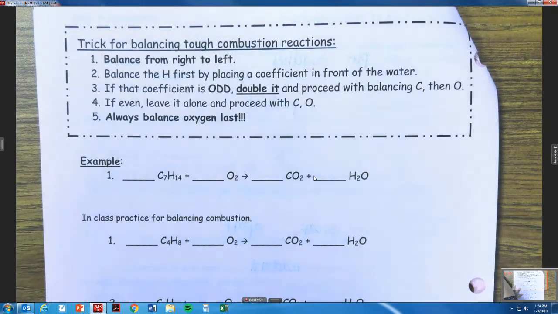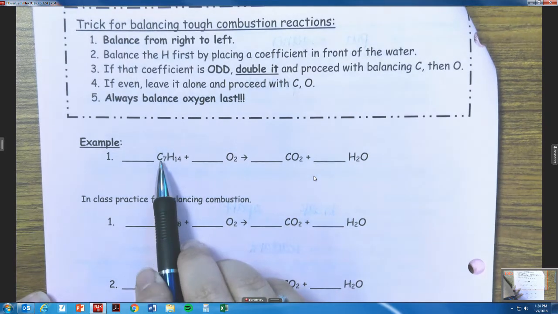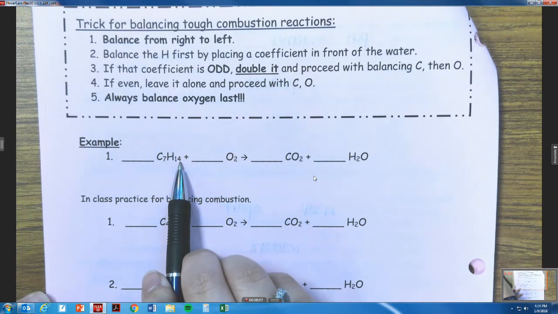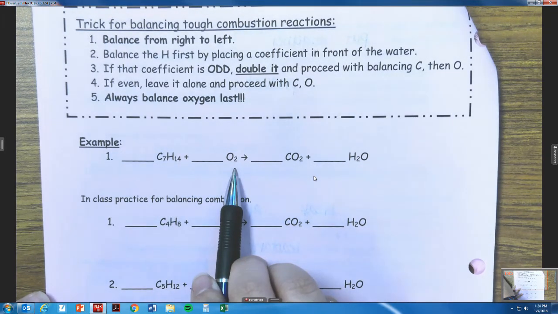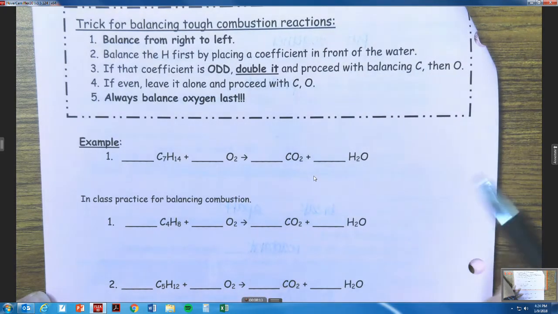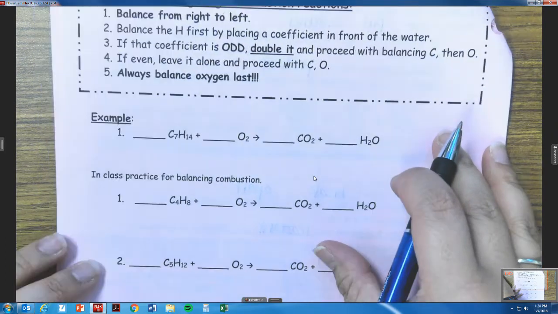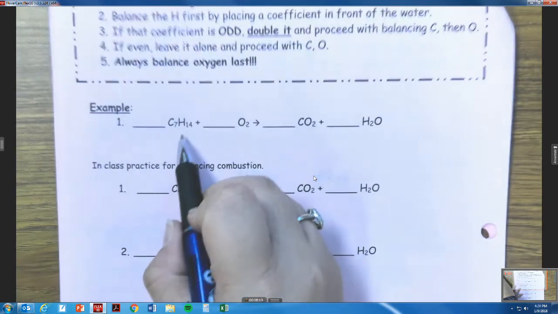Okay, so let's go ahead and take a look at our example number 1. So we have C7H14 plus oxygen (O2) yields carbon dioxide and water. Our first step is to balance hydrogen.